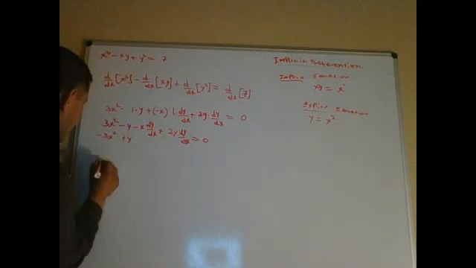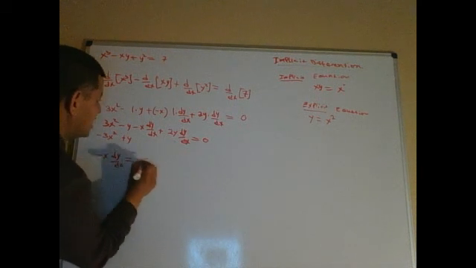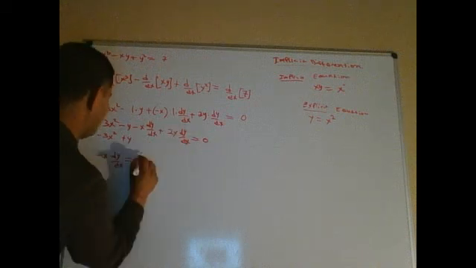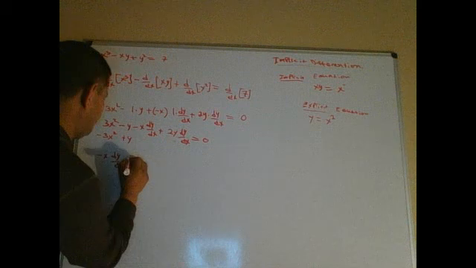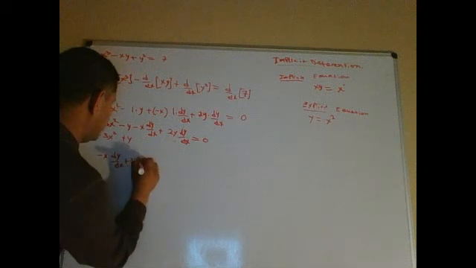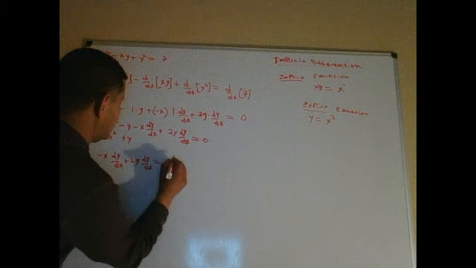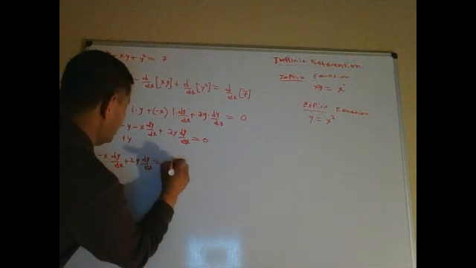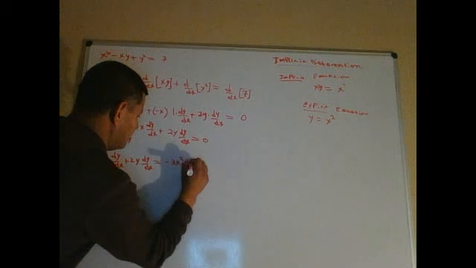So I will have negative x dy/dx plus 2y dy/dx equals negative 3x squared plus y.